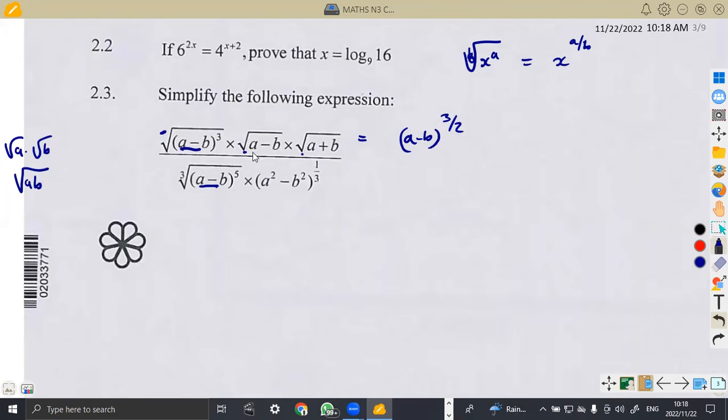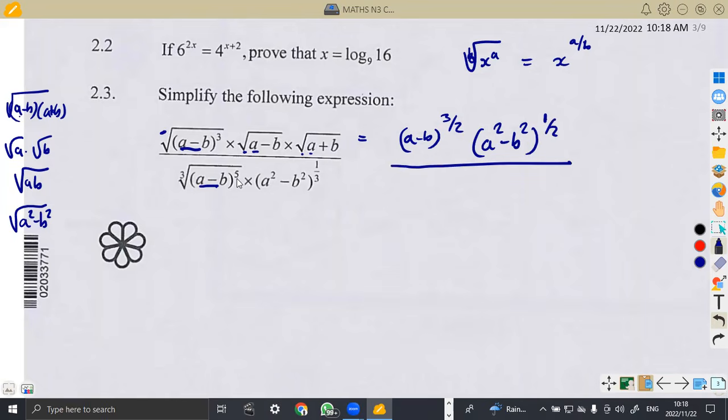So if we multiply here, we obtain the square root of a minus b into a plus b. But remember, a minus b times a plus b is a difference of two squares, which simply means the square root of a squared minus b squared. And the square root means to the exponent of a half. So this is going to give us a squared minus b squared to the exponent of a half.